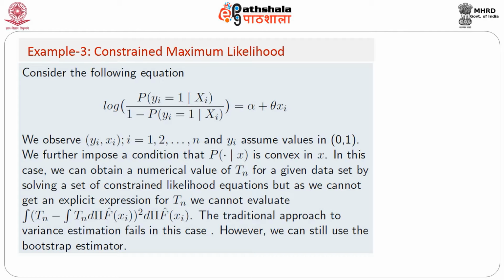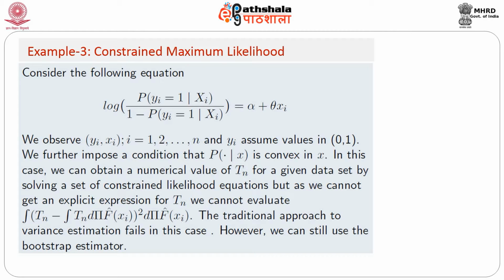Note that this is nothing but a logistic equation with covariate xi and yi taking the value 1 and 0. Now, we observe the paired observations (yi, xi), i runs from 1 to n, and yi assumes 0 or 1. Now, suppose a further restriction is imposed which says that probability of y given x is convex in x.